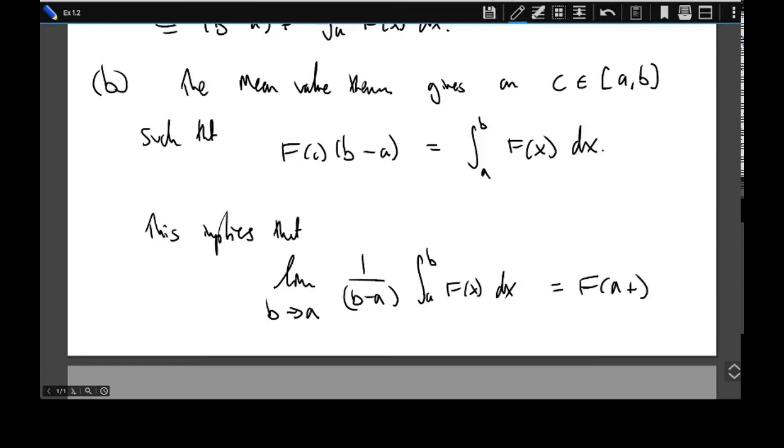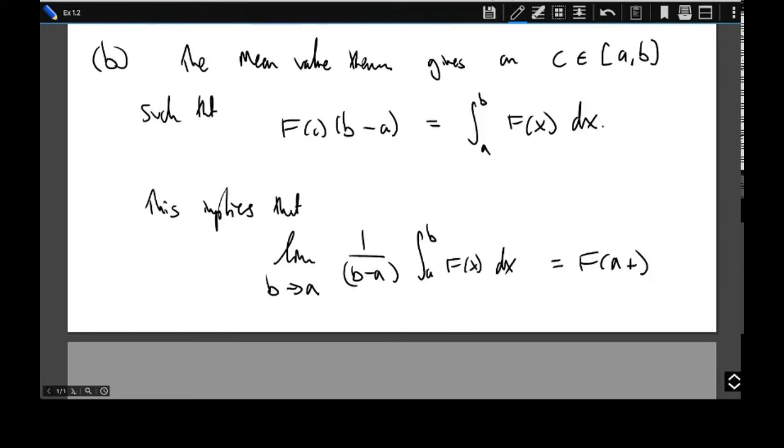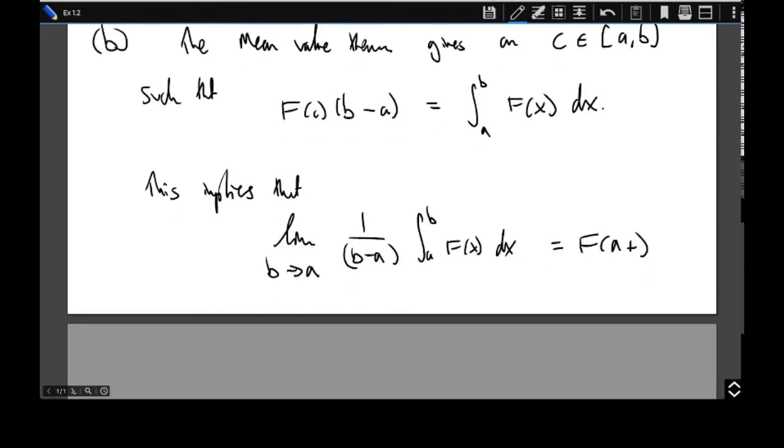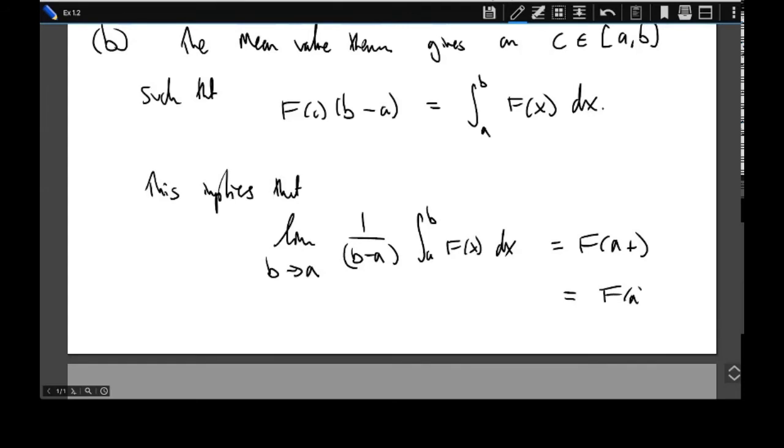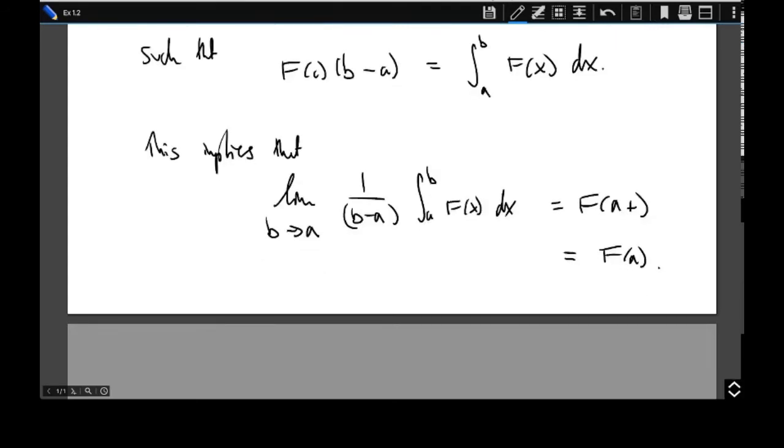It's not necessarily equal to f(a), but it's equal to the limit of capital F as it goes towards a from the right hand side. The problem is that capital F need not a priori be right continuous. But since F is a cumulative distribution function, we know that in this case it is right continuous.